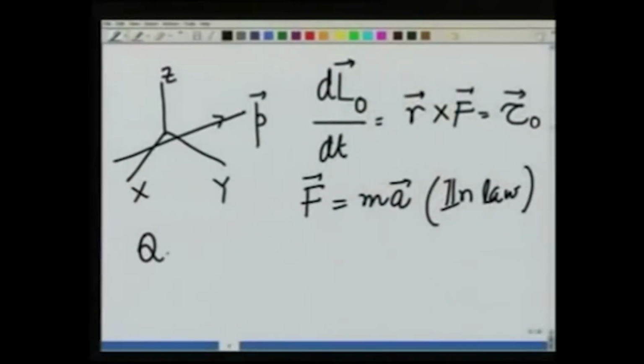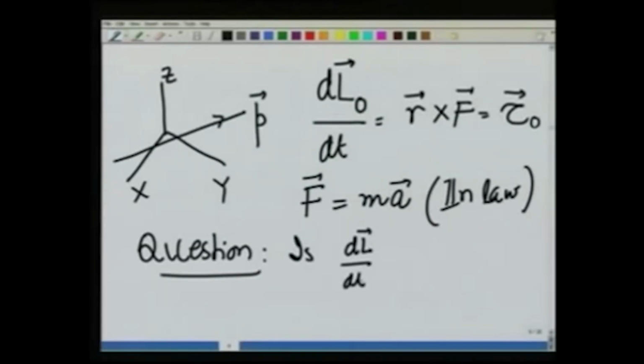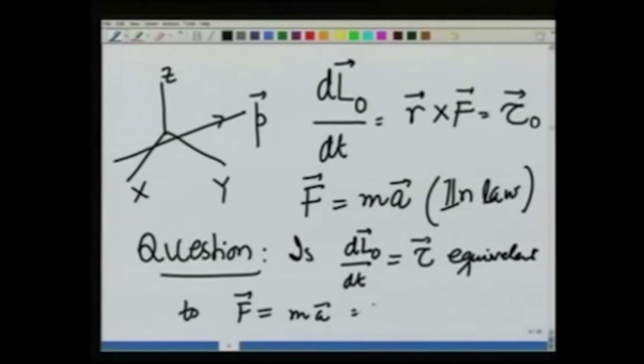Are the two equivalent? So, the question we now have is, is dL/dt equals tau equivalent to F equals ma or dp/dt?